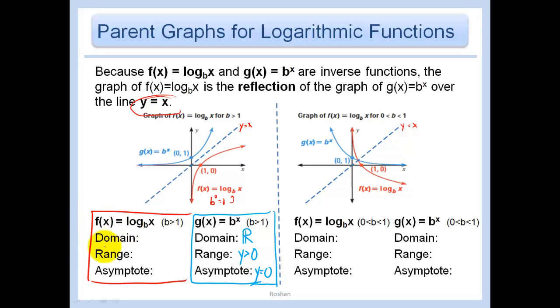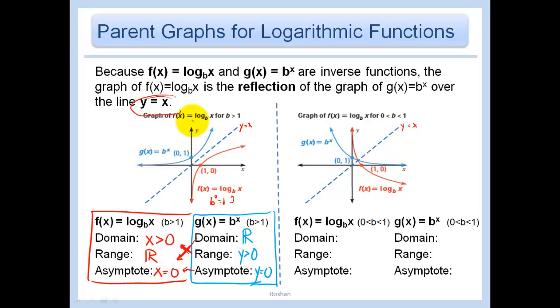The domain of log is just the same thing as what the range of the exponential was. So the domain would be x is greater than 0. The range would be all real numbers. Kind of flip the x and y stuff, right? And then the asymptote, instead of y equals 0, will just be x equals 0.